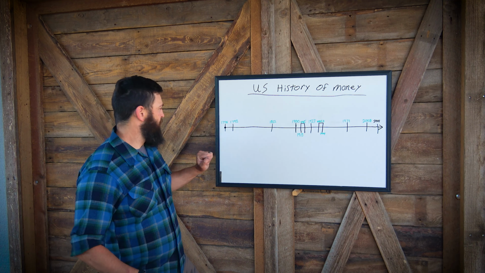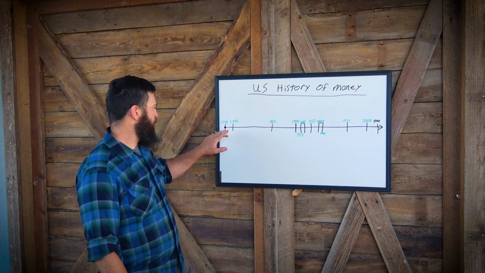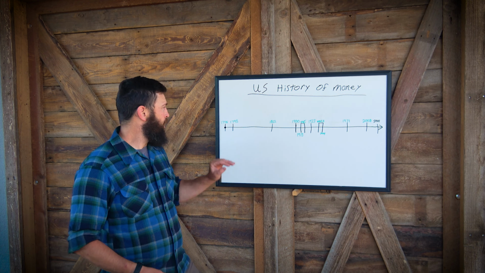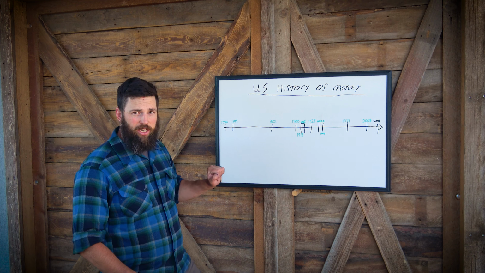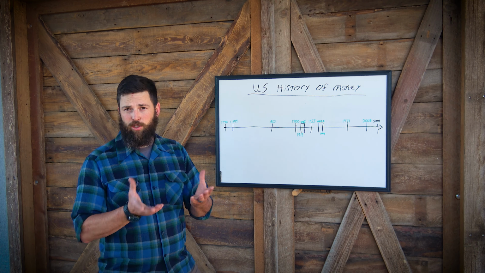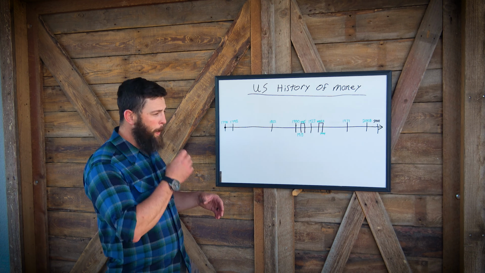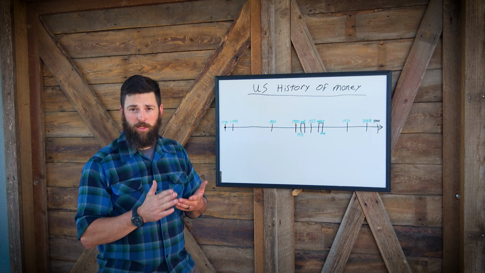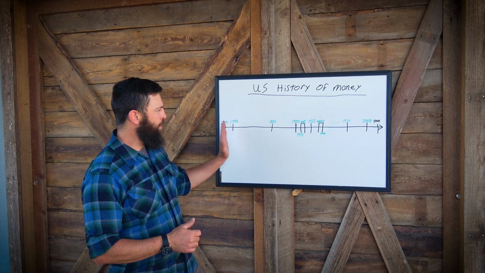Starting out, 1776, we all know what that is, birth of the nation. At the time we were using the Spanish currency. 1792, Congress made the first US dollar. At this time we had the bimetal system, so gold and silver. Okay, nothing too crazy.